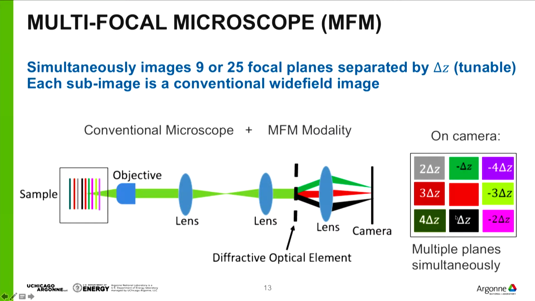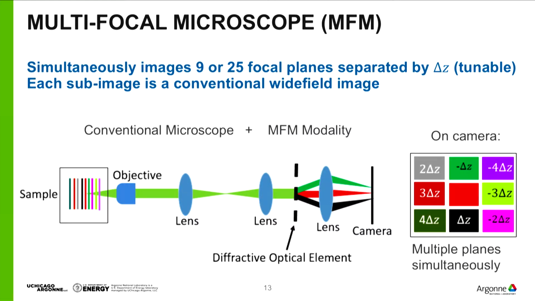With multifocal microscopy, if we look at the sample here, we have a bunch of different depths. And this is a conventional microscope on this side, but then we've added this diffractive optical element that splits the beam and effectively creates 9 or 25, which is what you'll see today, or you can tune that and change it.